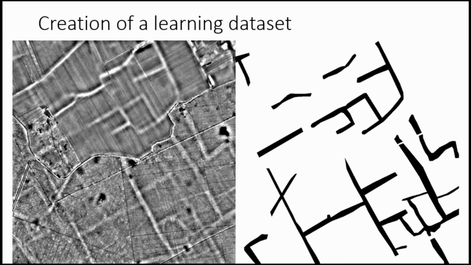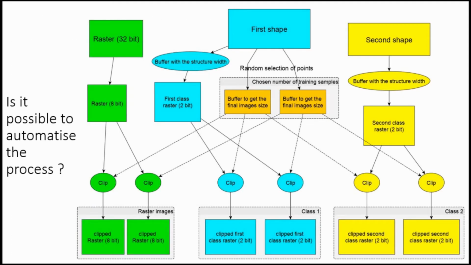Because vectorizing every structure as polygons and then exporting them in 2-bit is in itself a kind of tedious task, I tried to find a way to automatize this process via a Python script, which has the goal of semi-automatically creating the images required for the training datasets in SkyEye.